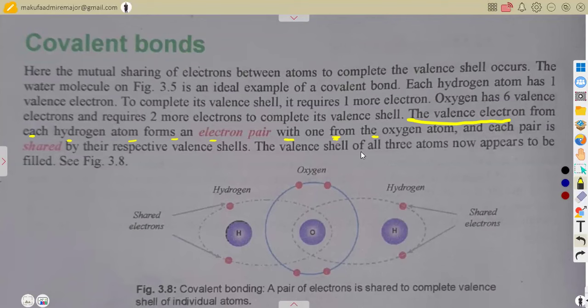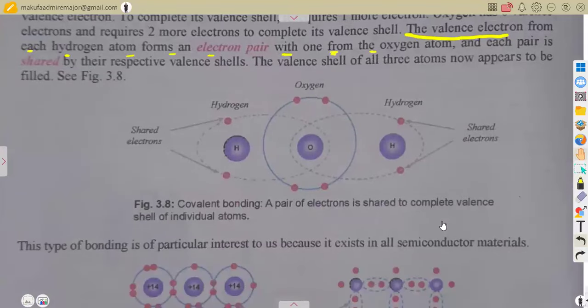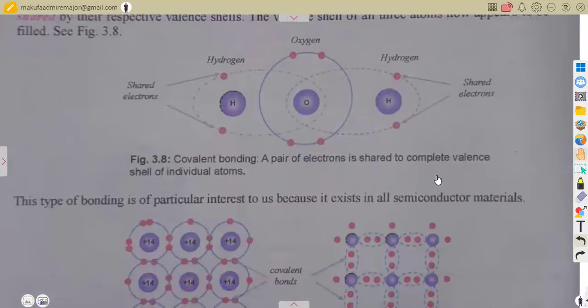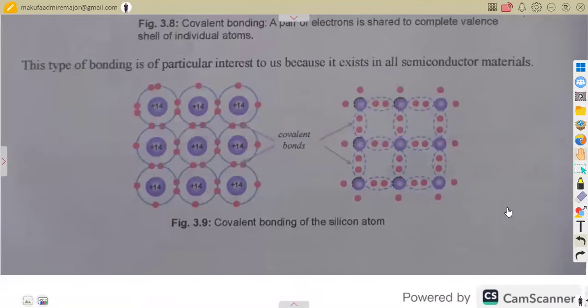The valence shell of all 3 atoms now appears to be filled, as in this figure. So this is the condition happening between the hydrogen and the oxygen. When this covalent bonding happens in semiconductors, that is the part I want to explain.